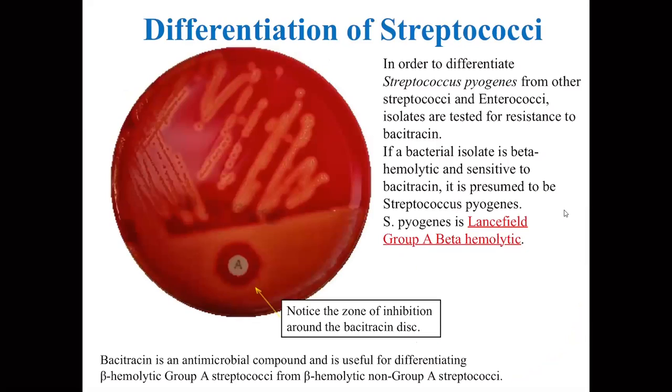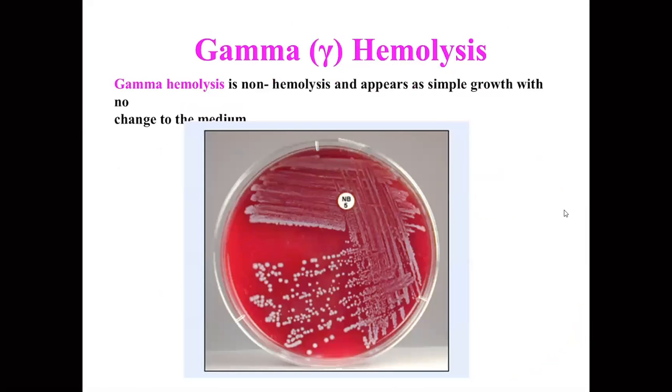That one is Streptococcus pyogenes, which is the organism that causes strep throat. And then there's gamma. The gamma ones are not as pathogenic, and they don't break it down at all.